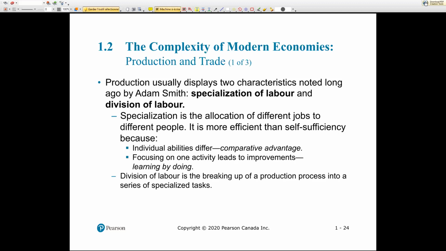And the division of labor allows us to break up production and make tasks specific. Do you know a famous example of breaking up of production process? Henry Ford. Yeah, Henry Ford. But he didn't invent that.